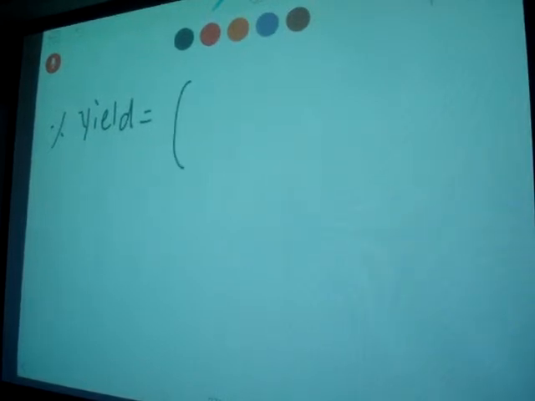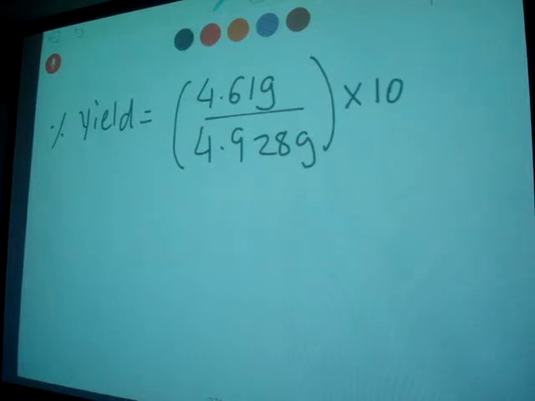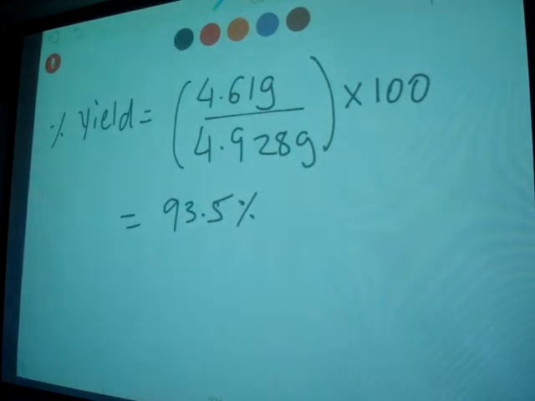Actual value of grams is 4.61 grams, and theoretical value we have 4.928 grams, times 100, and when you calculate you get about 93.5% yield.